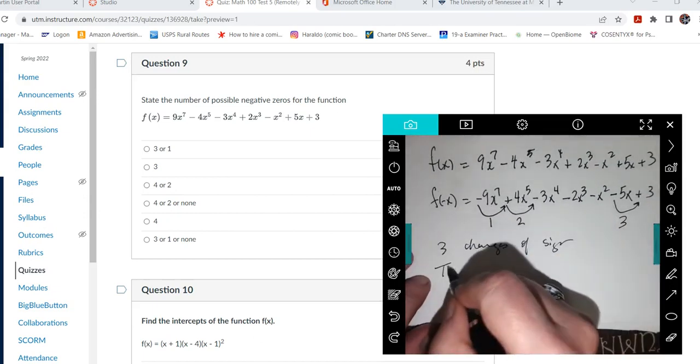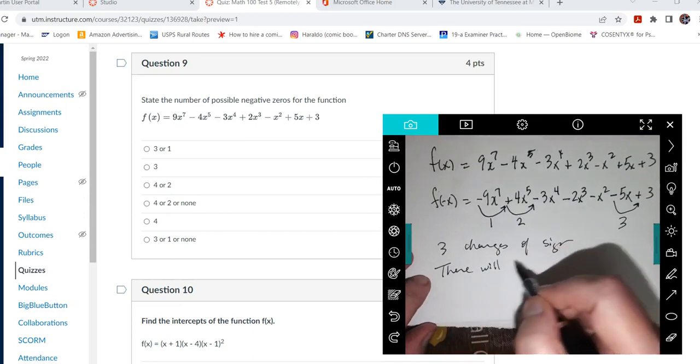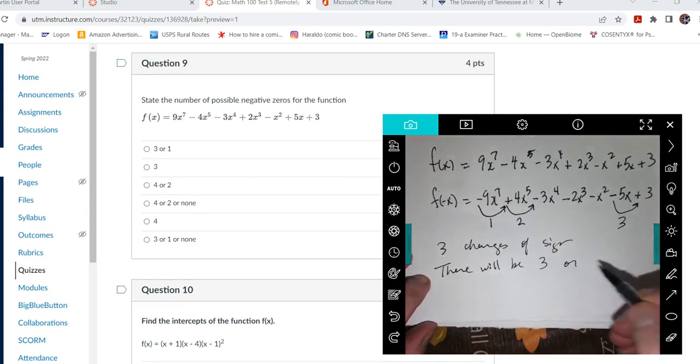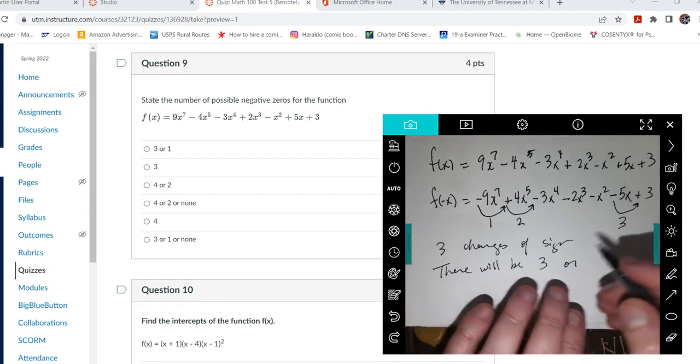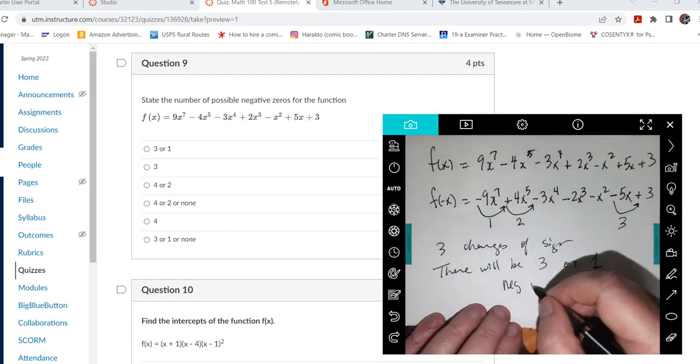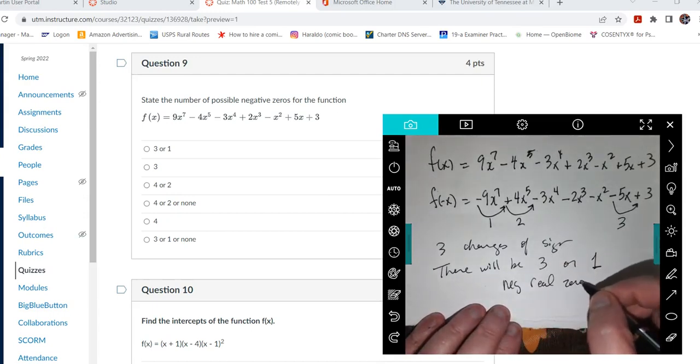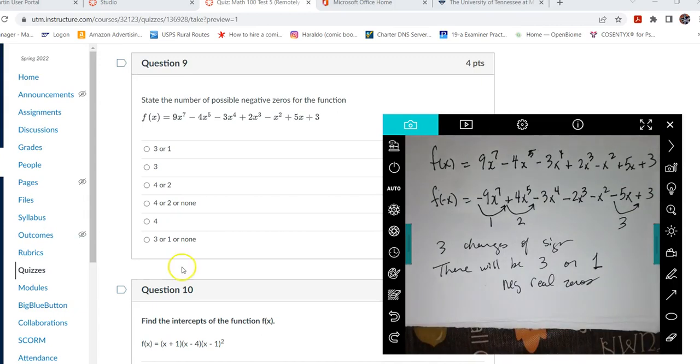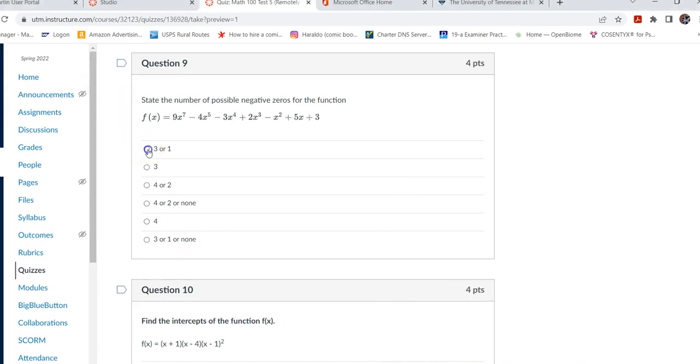So there will be 3 or 3 minus 2. You keep subtracting 2. So there will be 3 or there'll be 1 negative real zeros. Now that matches this one.